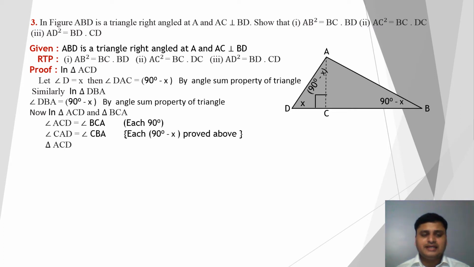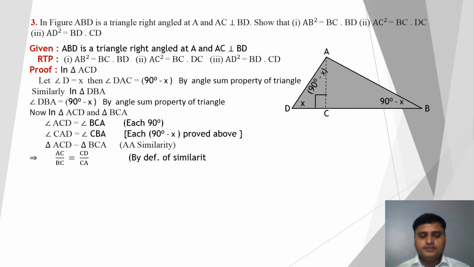So triangle ACD is similar to triangle BCA by angle similarity. If triangles are similar, then their corresponding side ratios are in proportion. That is, AC by BC is equal to CD by CA by the definition of similarity.